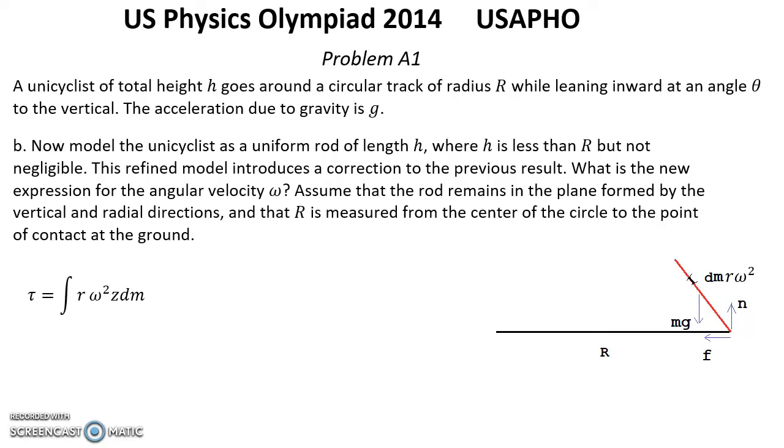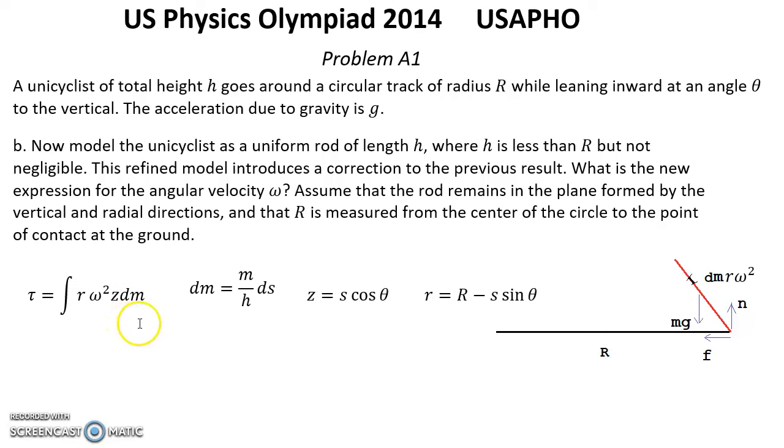Now the total torque created by the centrifugal force will be this one, the integral of r omega squared z dm, where r is the distance of this element dm from the center of rotation, omega is angular velocity, z is the height of this element above the ground, and dm is its mass.